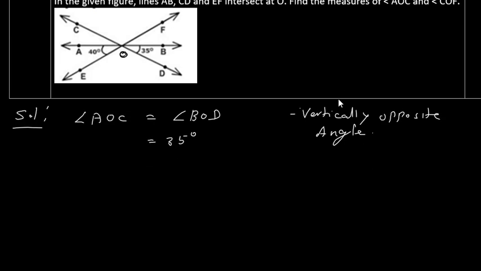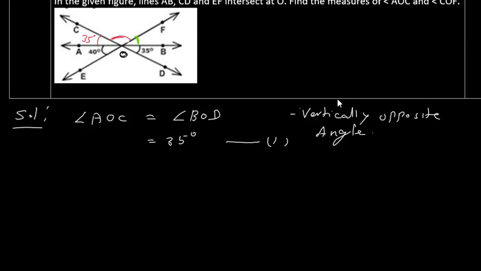Now next is angle COF. So this angle we have to find out. Angle COF, this angle, right? So I have already found this angle, it is 35 degree. Similarly we can find this angle also.